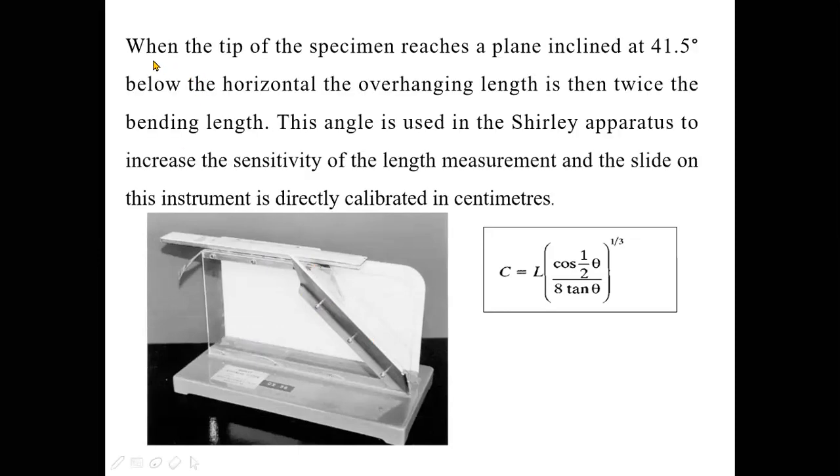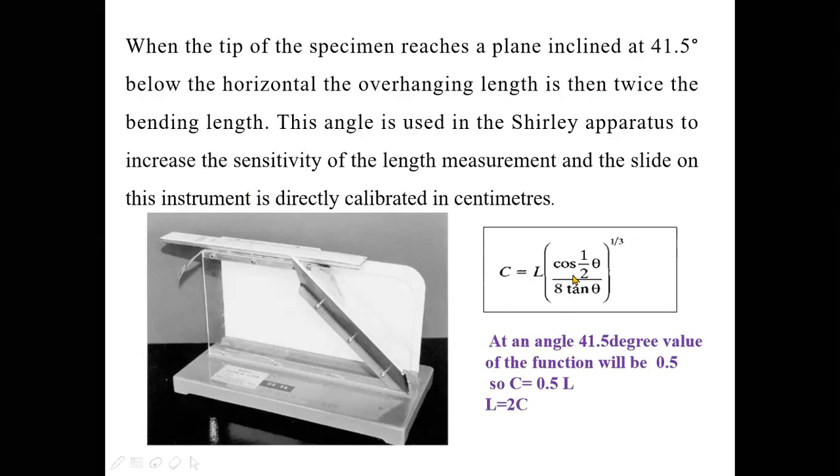You can see that is exactly what I have told. The tip of the specimen reaches an angle inclined at 41.5 degree below the horizontal, and the overhanging length is then twice the bending length. This angle is used in the Shirley apparatus to increase the sensitivity of the length measurement, and the scale on the instrument is directly calibrated in the centimeter.